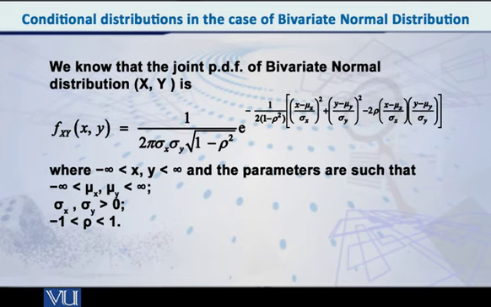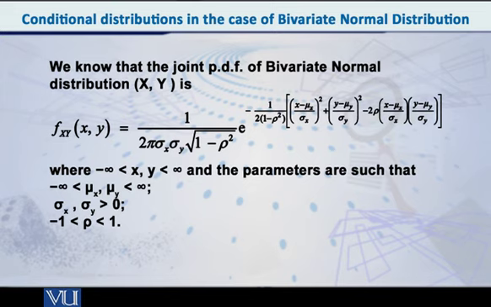As you know, for this density function, both x and y go from minus infinity to infinity. And obviously, we have 5 parameters: mu x, mu y, sigma x, sigma y, and rho.